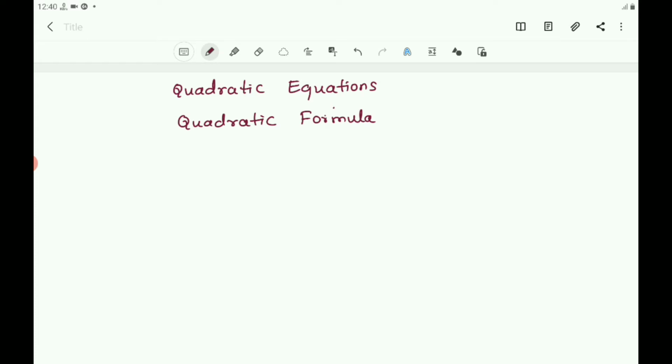Now consider the quadratic equation. Deriving the quadratic formula.